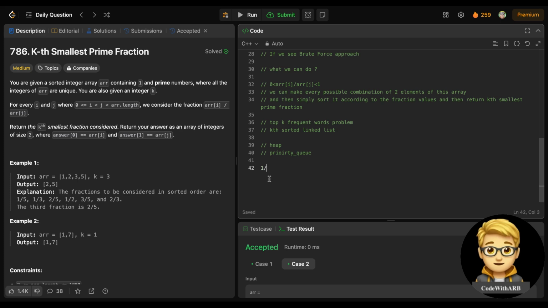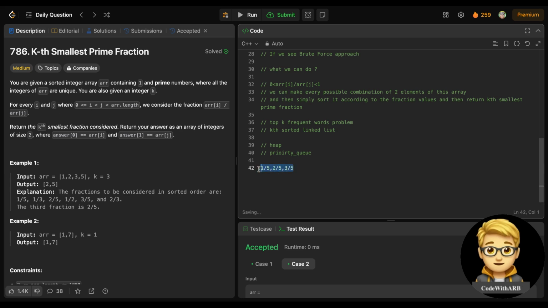So this 1 by 5, and this 2 by 5, then 3 by 5, 4 by 5, not 5 by 5, because it should be less than.